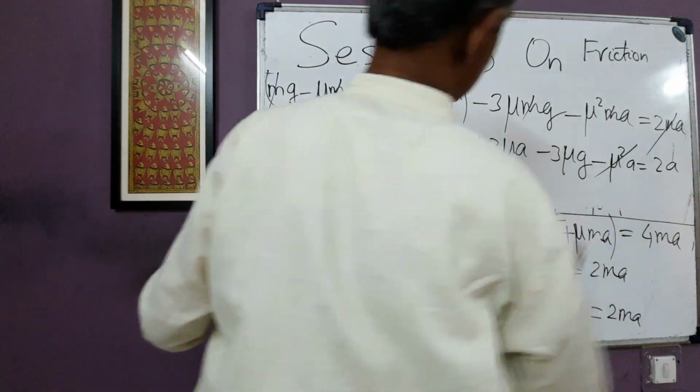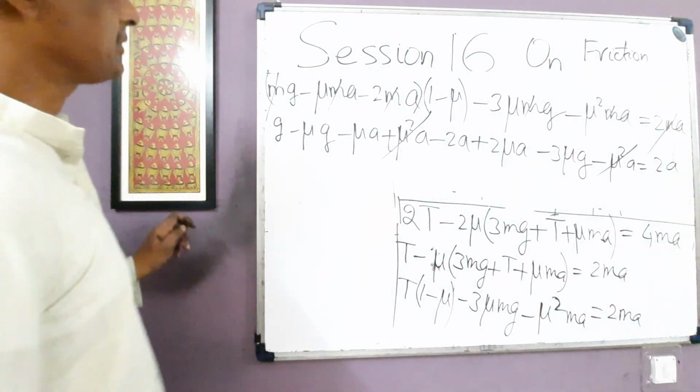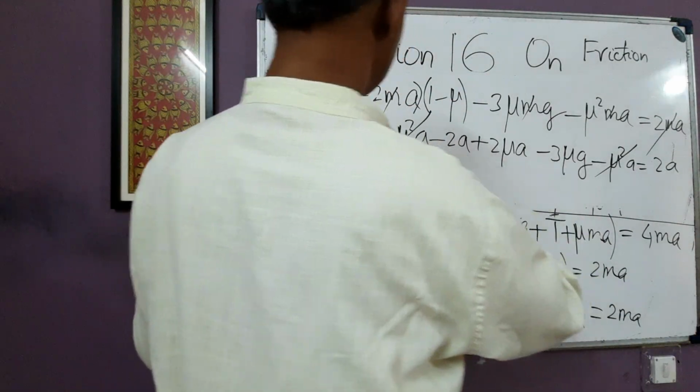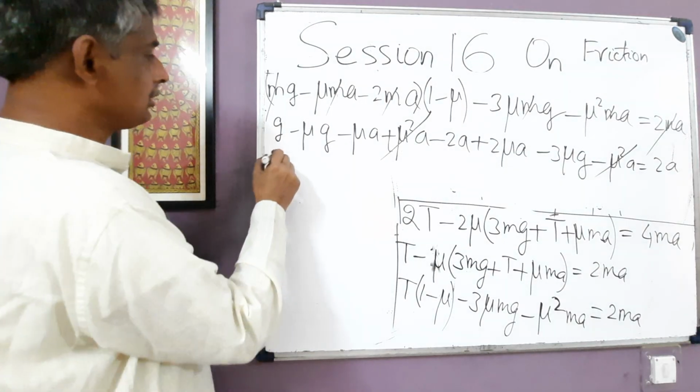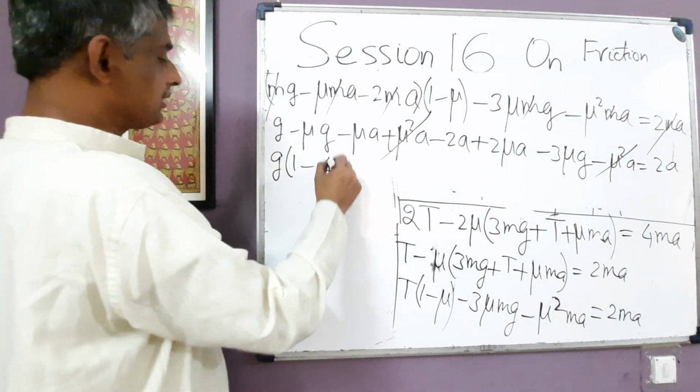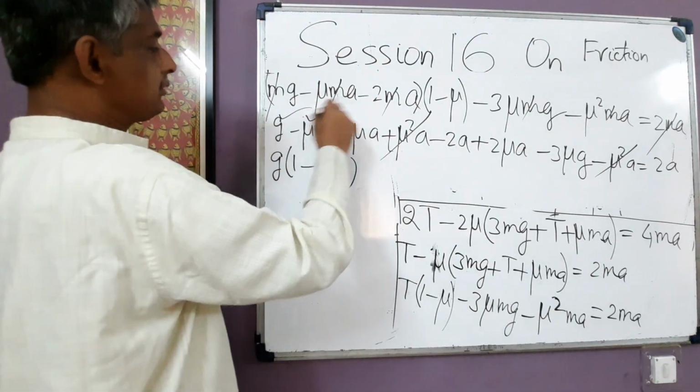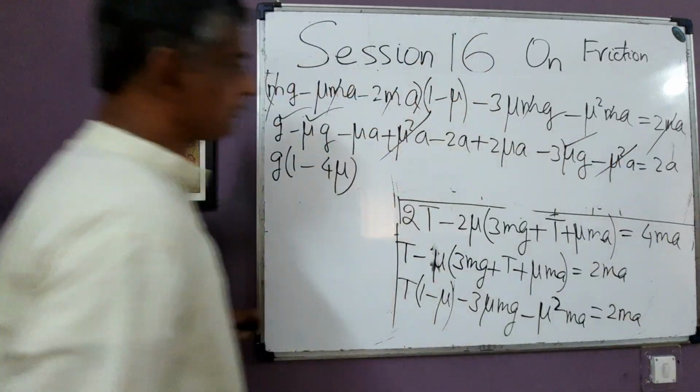Mu square term cancels out. What do we get? 3 mu g and mu g, 4 mu g. g into 1 minus 4 mu. This term has been dealt with.